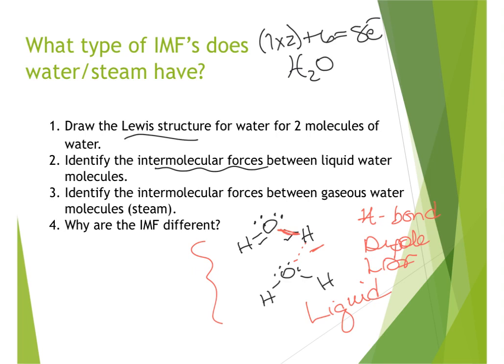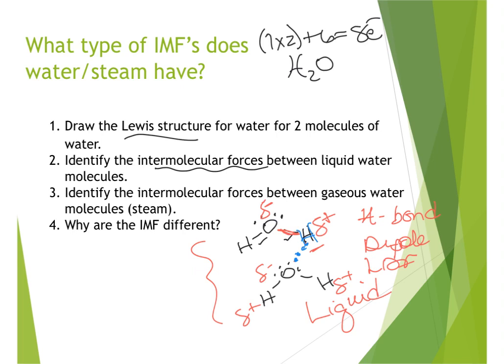If you were to draw partial charges on the water molecule, or dipoles, because oxygen has a higher electronegativity, it would have a partial negative charge, and the hydrogens would be electron deficient because oxygen's stealing them all. As with all substances, opposite charges attract. So the oxygen from one water molecule, because of its partial negative charge, is attracted to the hydrogen of another water molecule with its partial positive.